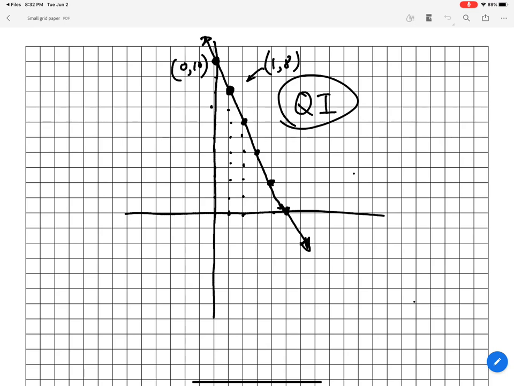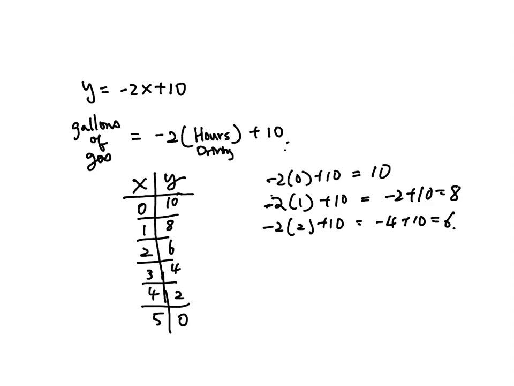Number 2, we need to find the x and y intercepts, which means we're looking for these points. Remember, if x equals 0, what you have is a y-intercept. If y equals 0, what you have is an x-intercept.